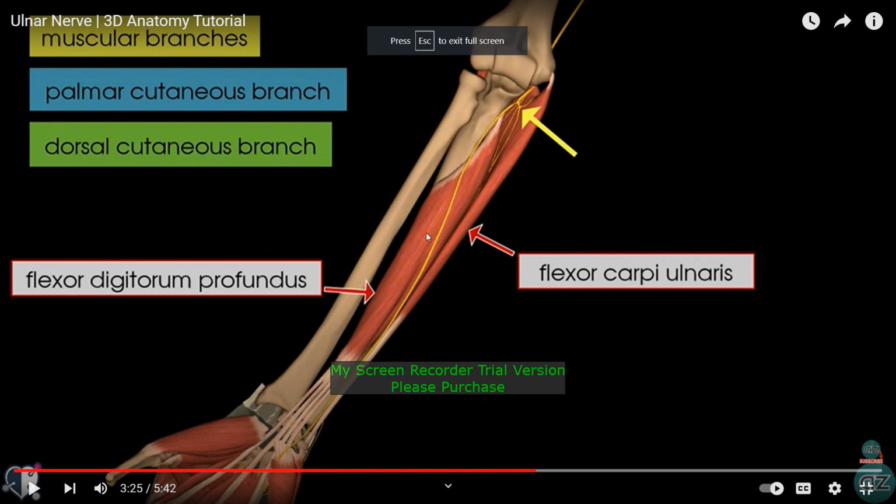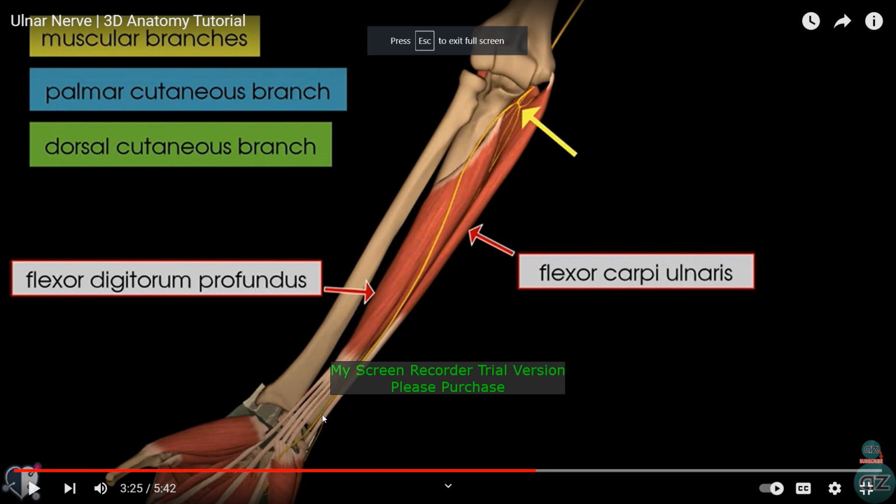As it descends on the flexor digitorum profundus, it also innervates this muscle. So in the forearm, the ulnar nerve innervates only two muscles, that is flexor carpi ulnaris and flexor digitorum profundus. The rest of the muscles in the forearm are innervated by the median nerve.